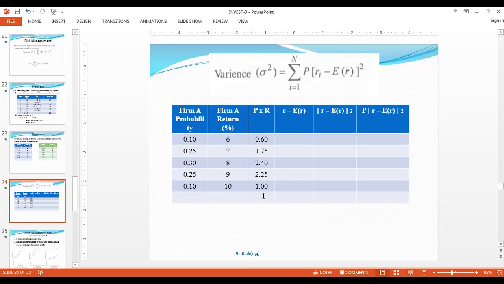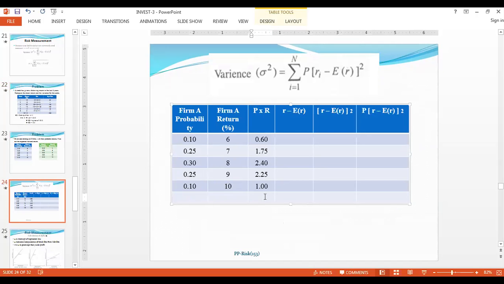That means probability values, you have to just take the sum of it. Even if you take the mean of it, it is also fine. So I'll just write down here, mean expected return. How will I calculate it?